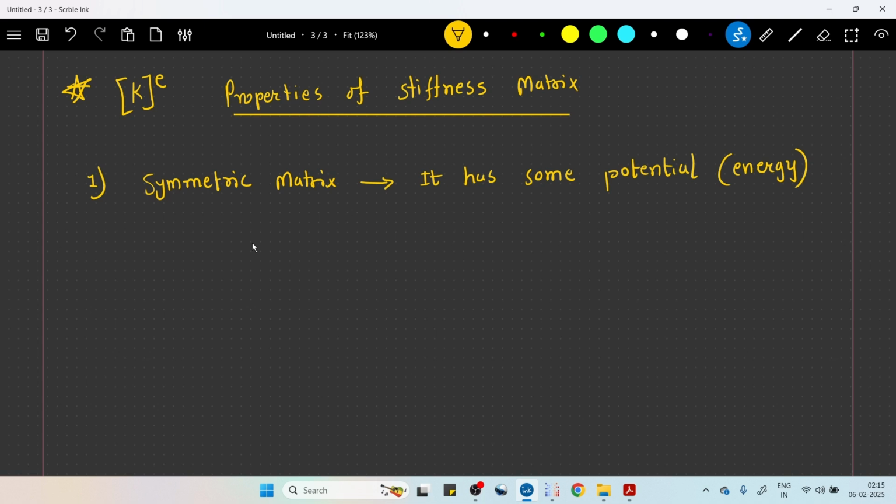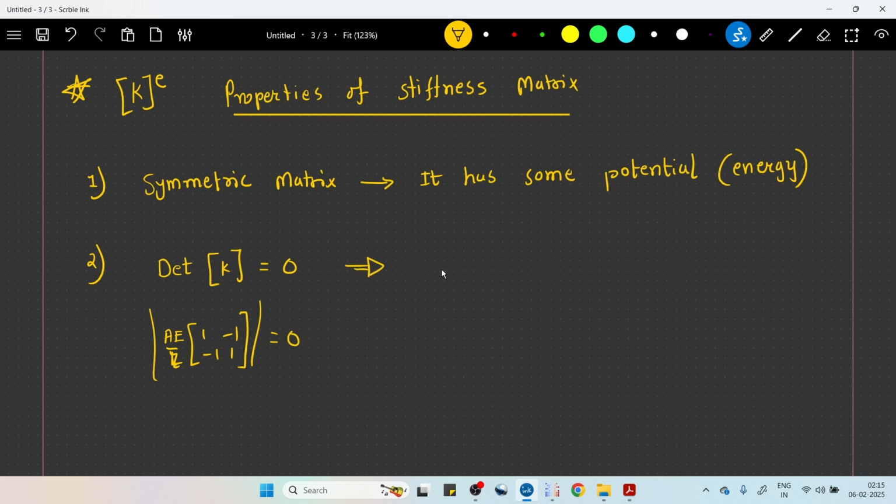The second property, we'll understand further. The determinant of this matrix is always zero. If you take the determinant of the matrix A E by L times [1 -1; -1 1], it is going to be zero.